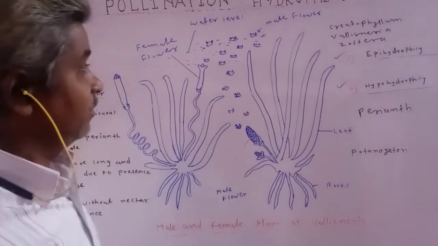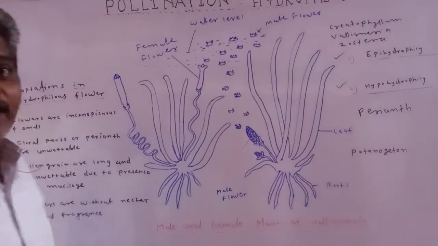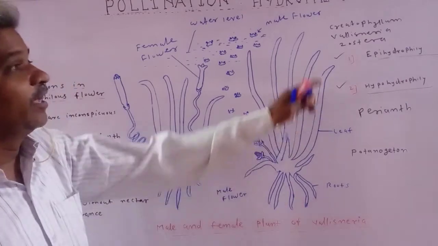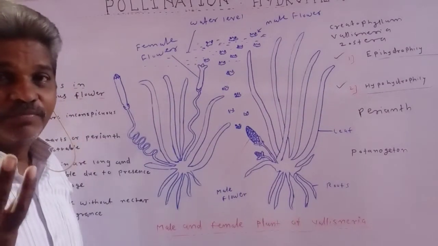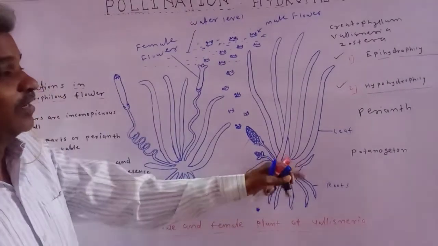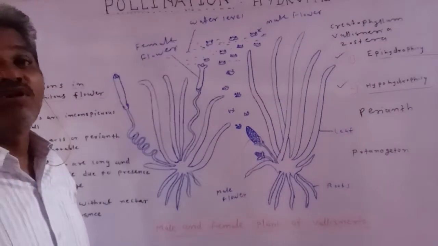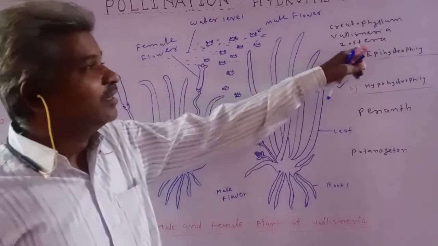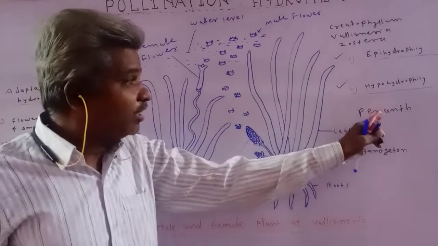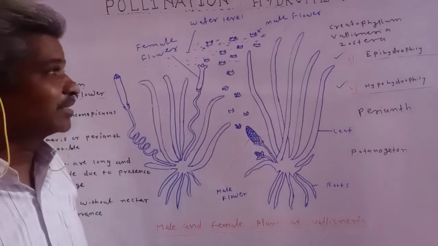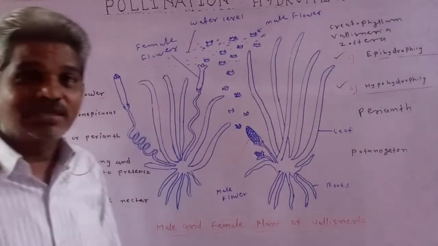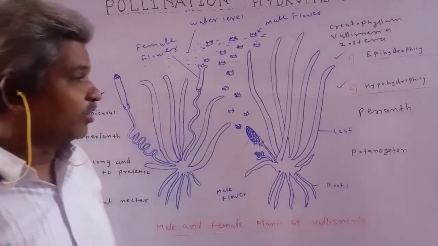When the female flower matures, it receives the long, ribbon-like pollen grains, and pollination occurs below the surface of water. Such pollination, when it occurs below the surface of water, is called hypohydrophily. Example, Zostera.